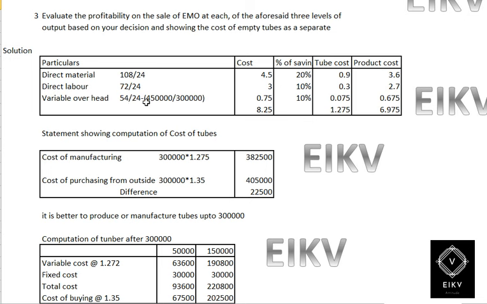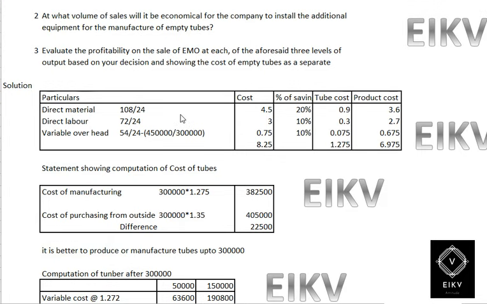So 54 divided by 24, where 24 is the number of tubes in a carton, minus 4,50,000, the fixed cost, divided by 3 lakh, the production, which gives you the variable cost of 0.75.